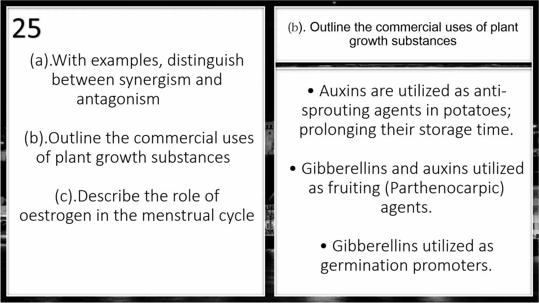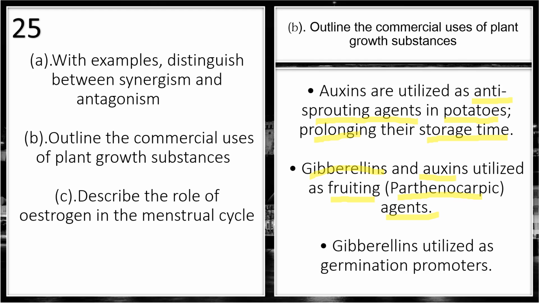Auxins are utilized as anti-sprouting agents in potatoes, therefore prolonging their storage time. Gibberellins and auxins are utilized as fruiting agents like in parthenocarpy.